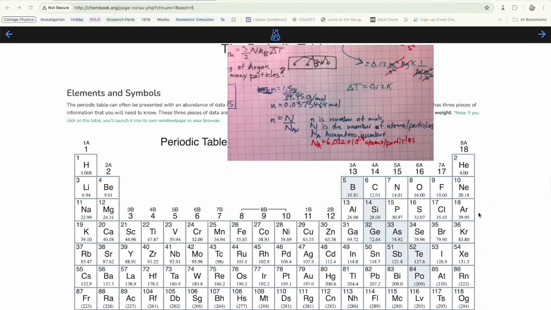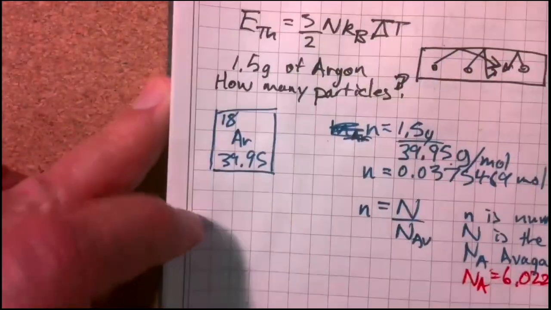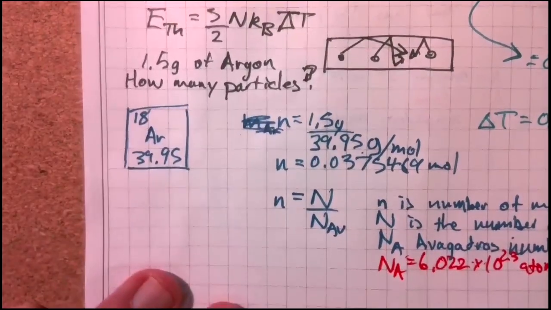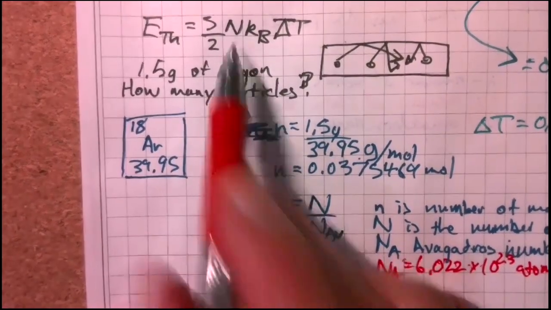So we have argon, and that's an important clue about how many moles we have. All right, so we know that argon is monatomic, and we're trying to figure out how many gas particles we have, so we can use this equation up here.